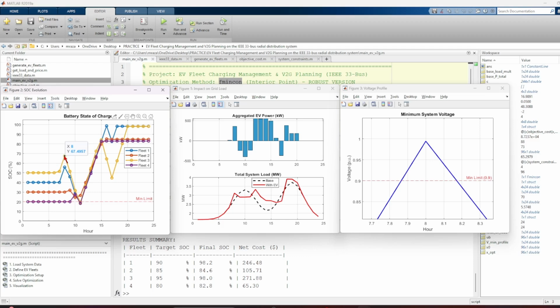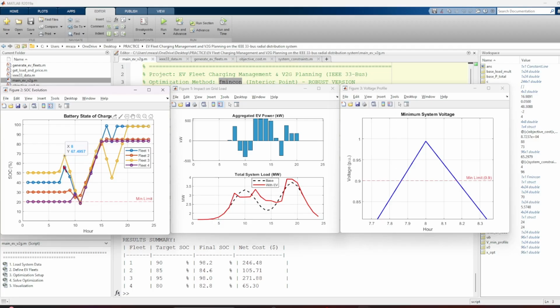That peak shows that our fleets are getting charged. So from 1 to 7, we charge our fleets, which is the off-peak time, in the morning.